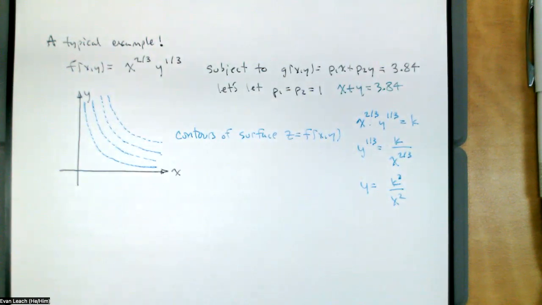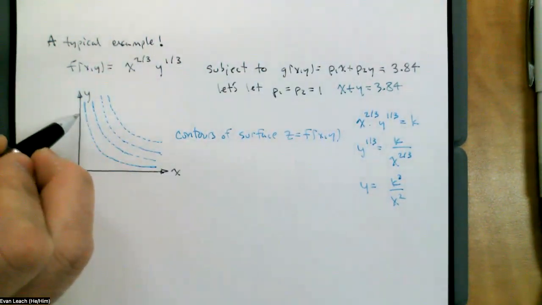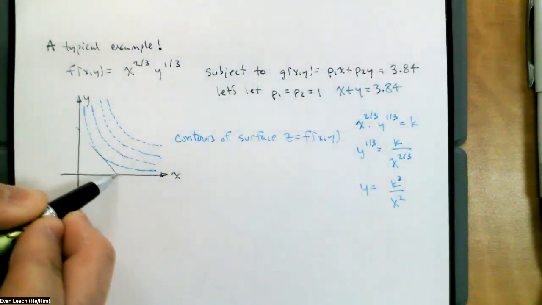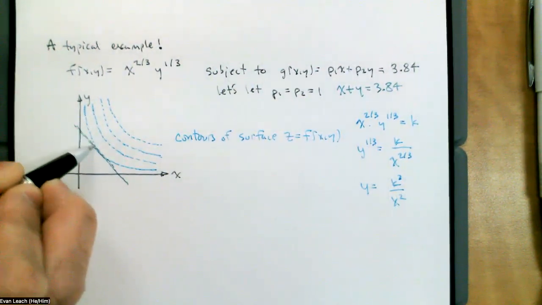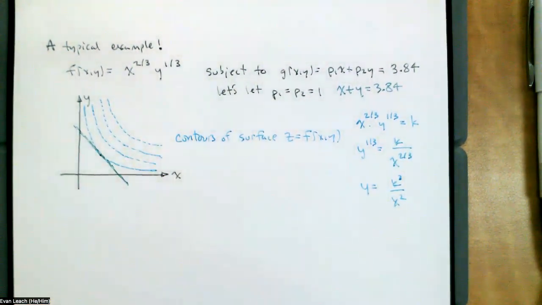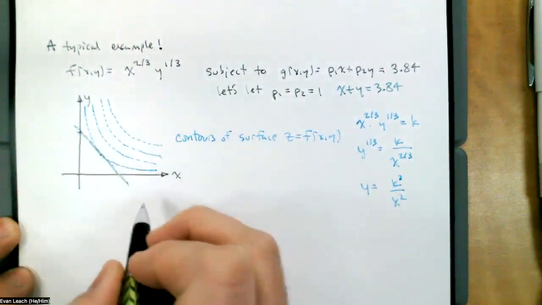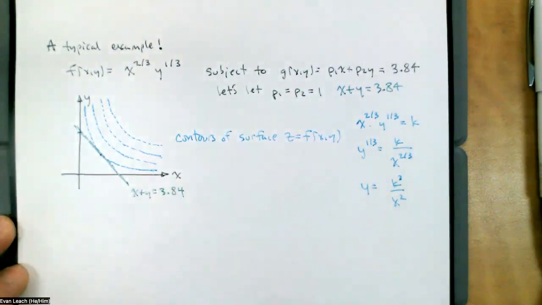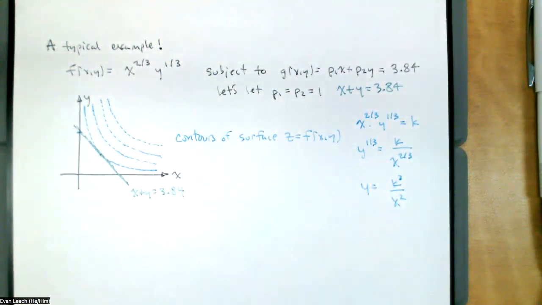X plus y equals 3.84 is going to start off at 3.84 and have a slope of -1. And we are looking for where the gradient of the objective and the gradient of the constraint are pointed in the same direction.